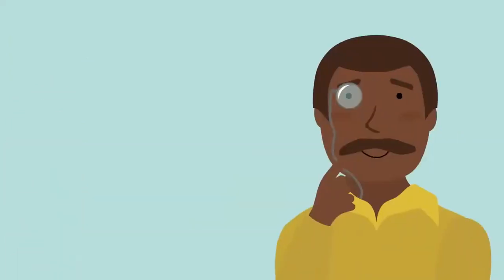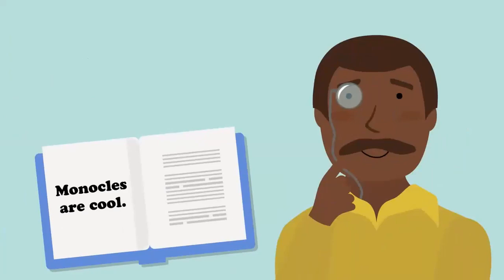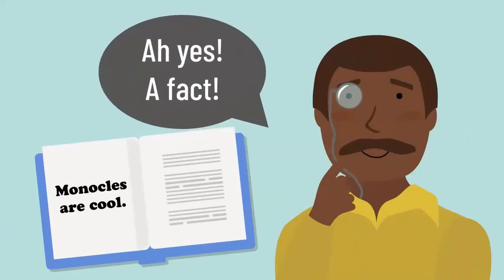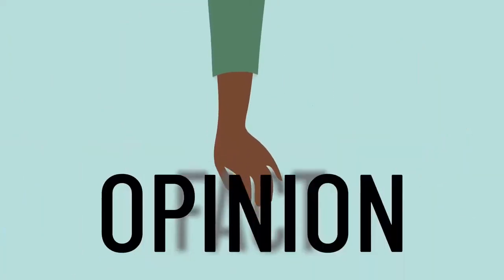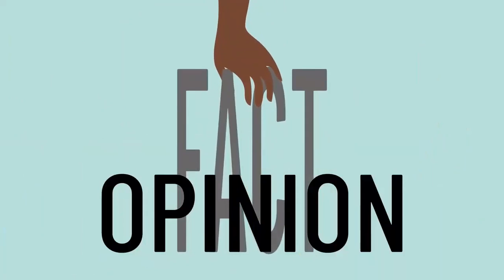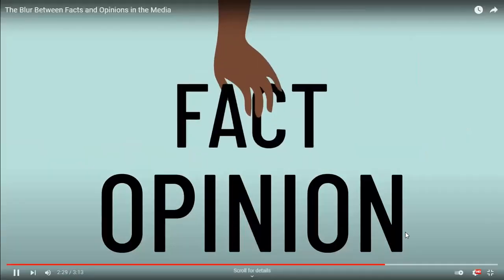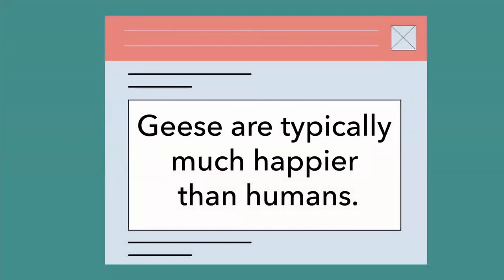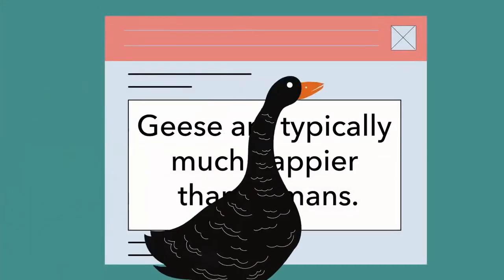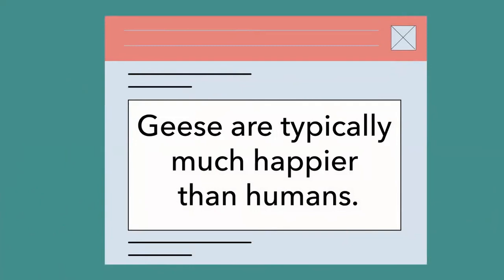The study also found that people were more likely to view an opinion as fact if that opinion matched their existing beliefs. The blur between fact and opinion likely won't get better anytime soon, so it's up to us to spot the difference. For instance, watch out for statements that may seem factual, but are actually opinions that favor a certain perspective.